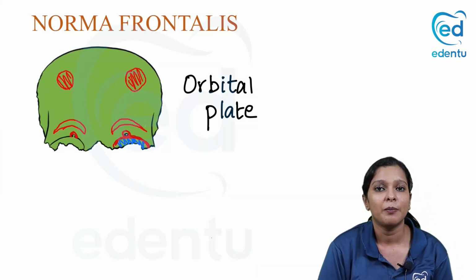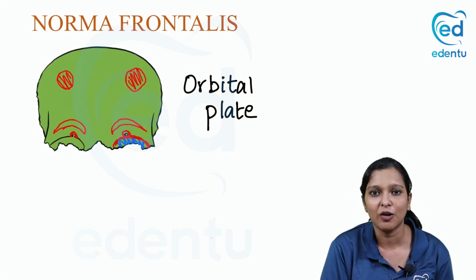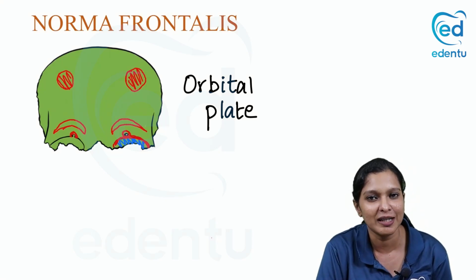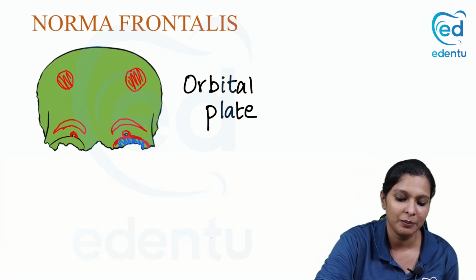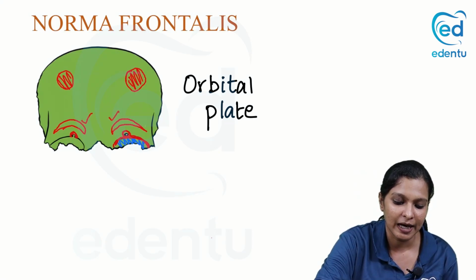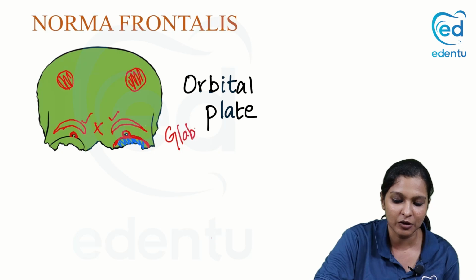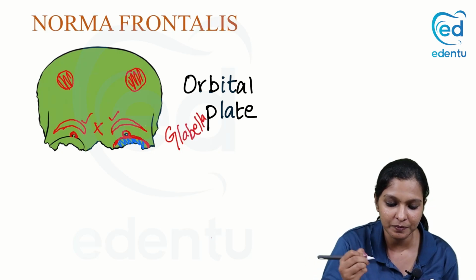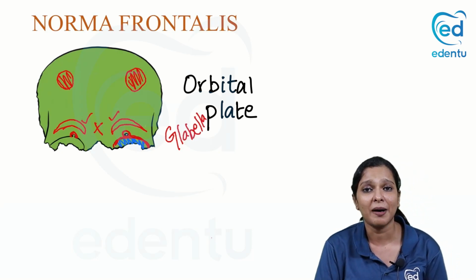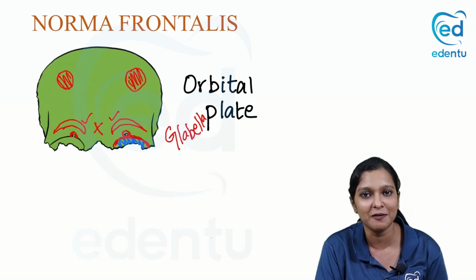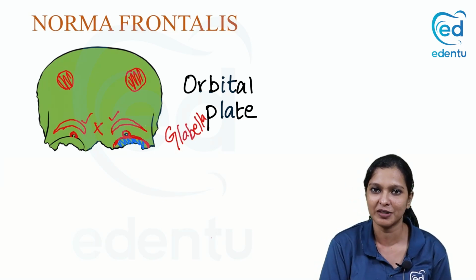And between the two superciliary arches, the point is called as glabella. Okay, so these are all the parts of frontal bone that are visible in the anterior view of skull.